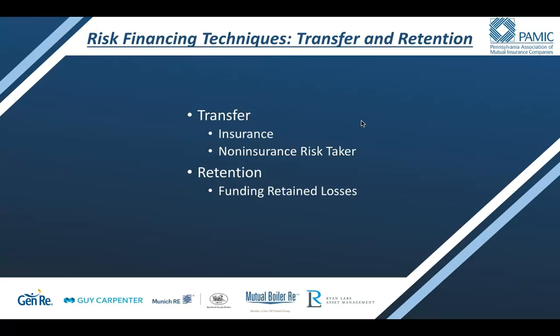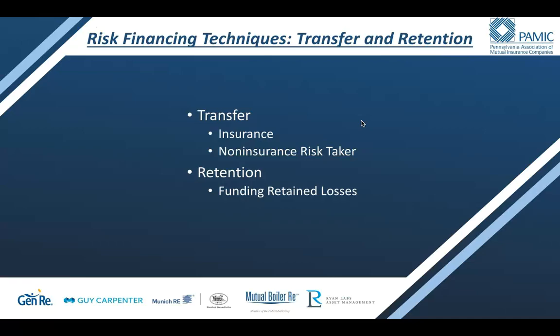A lot of them might have employee stock options, where instead of paying into a 401k for employees or paying for a retirement plan for an employee, they'll offer employee stock, and they take the risk on that because at any point in time that the employee chooses to leave and wants to sell the stock back, they have to buy it. So that's a form of a non-insurance risk taker, or like I said, a business that buys a stop loss policy but is fronting something up front.